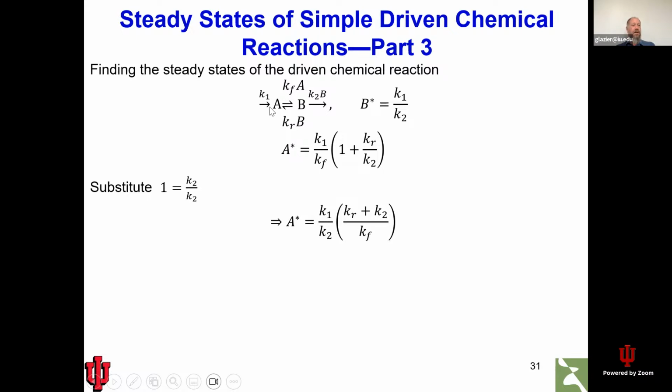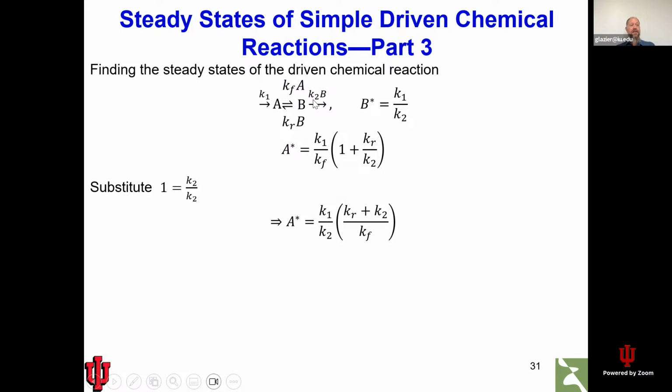And so here, K1 and K2 are coming outside, but what about KR and KF? If KF is big, I'm destroying A fast, so I'll get less. So KF is in the denominator. KR is creating more A. So if I increase KR, I get more A, so it goes in the numerator.